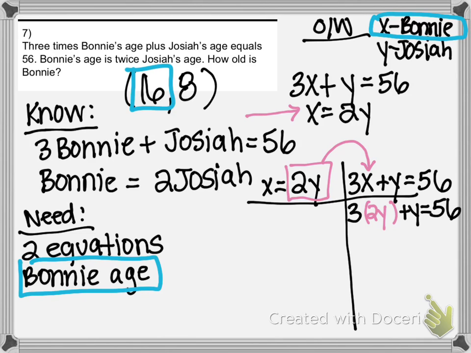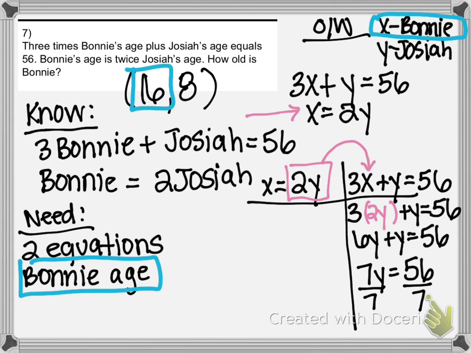So 3 times 2y is going to be 6y plus y equals 56. So that's going to be 7y equals 56. And we're going to divide by 7. And y is equal to 8.